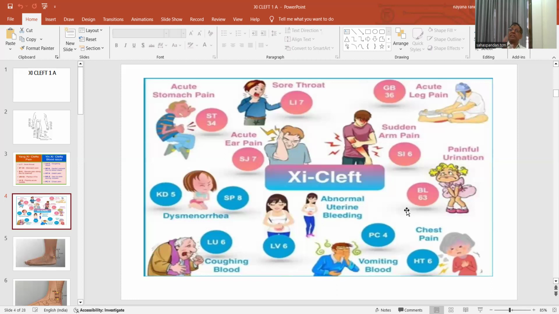Spleen 8 for acute dysmenorrhea, that is the acute pain during period because of blood stasis in the uterus. And bladder 63, urinary bladder 63, and liver 6 for acute cystitis, that is the inflammation of the bladder. So bladder 63 and liver 6 are for the acute inflammation of the bladder.